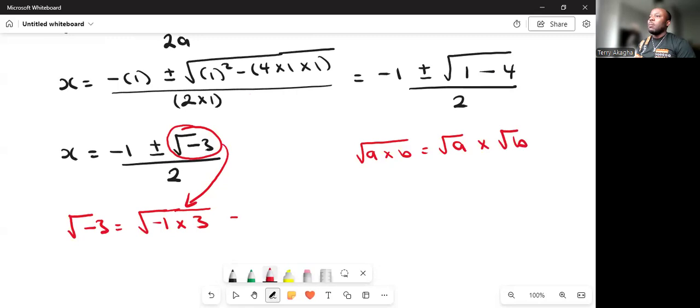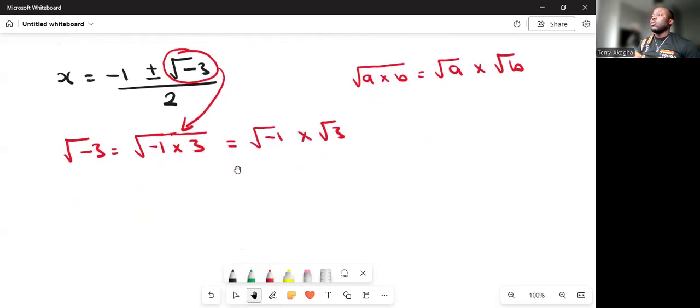B. And so that means this is the same thing as saying square root of -1 times square root of 3. But remember, I also told you at the beginning of this video that square root of -1 is equal to what? J, if you remember. So this is the same thing as J multiplied by square root of 3.